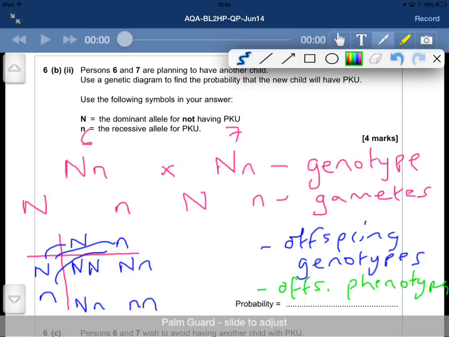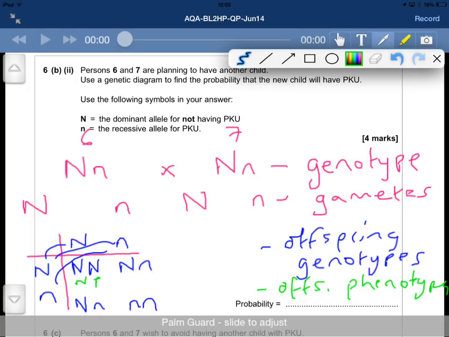Okay, the offspring phenotypes, that is the way those offspring would look, the characteristics they have, what's been expressed in them. That is the result of knowing that PKU needs a homozygous recessive to come out. So let's take this one here. Big N in the Punnett square has got a dominant allele. In fact, it's got 2, so this is no PKU.